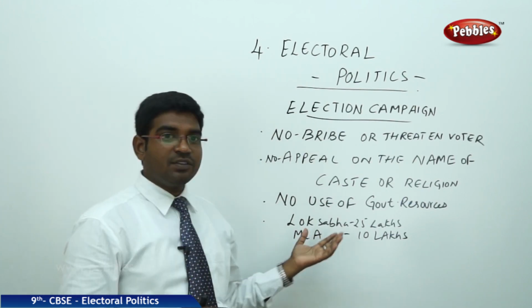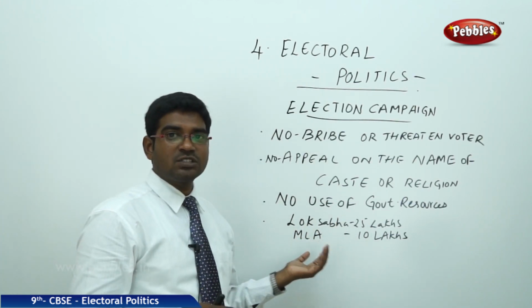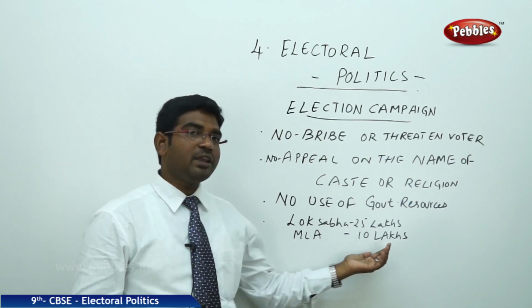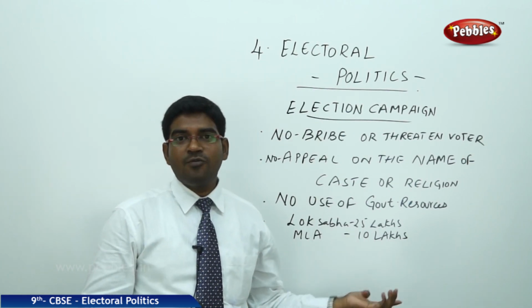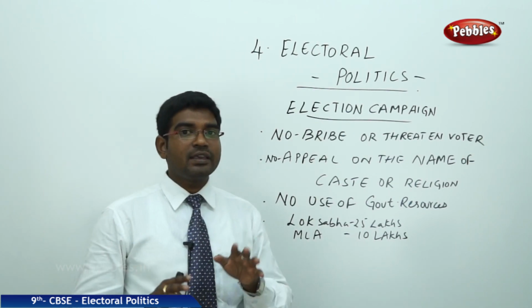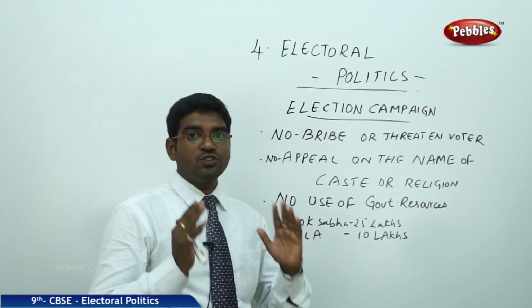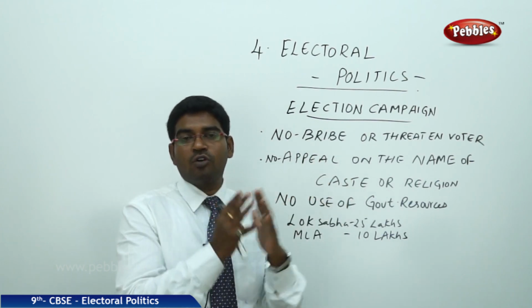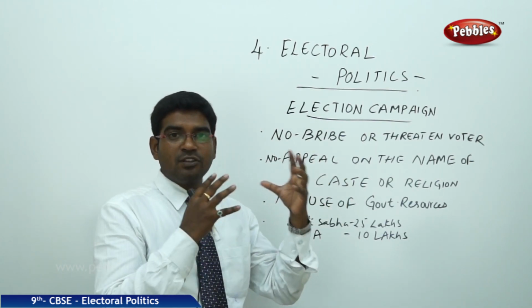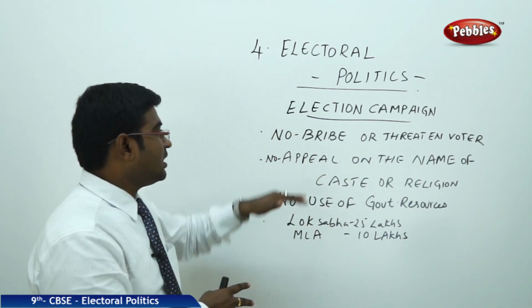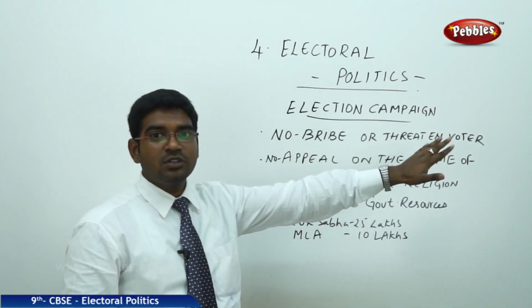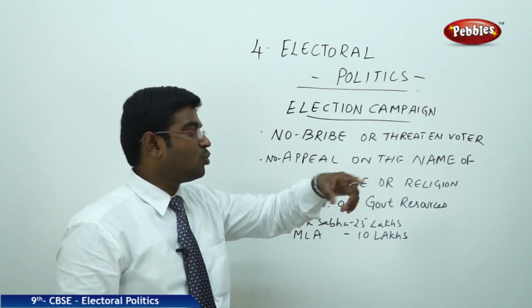And even for the Vidhan Sabha or the Assembly constituency, if they are spending more than 10 lakhs, obviously their election will be cancelled. So once they are campaigning, they should have a campaigning logo or a campaigning slogan, and they should not bribe the voters. At the same time, they should not threaten any of the voters.